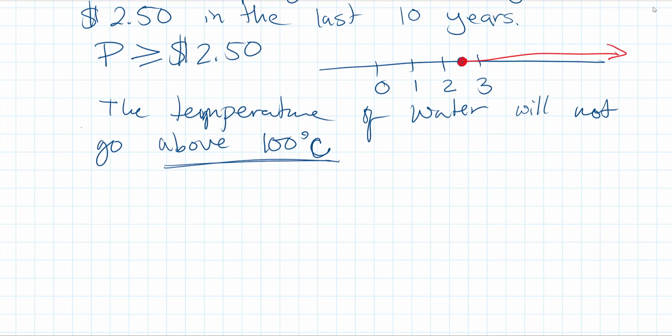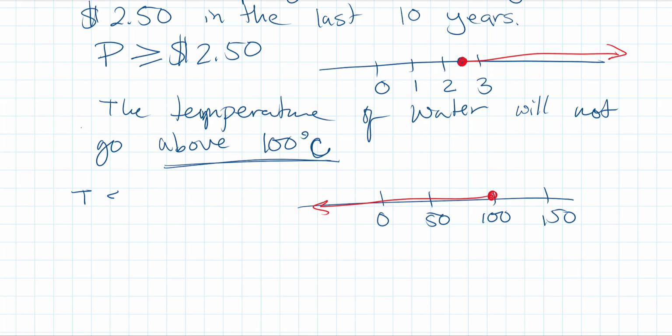So again, we can do this in terms of a graphing problem, where here I'm going up to high temperatures. The temperature of water cannot go above 100 degrees, so it has to be below or equal to 100 degrees, and we can write that out as a mathematical expression that the temperature of water is always less or equal to 100 degrees Celsius.